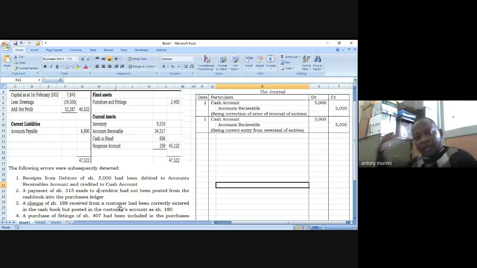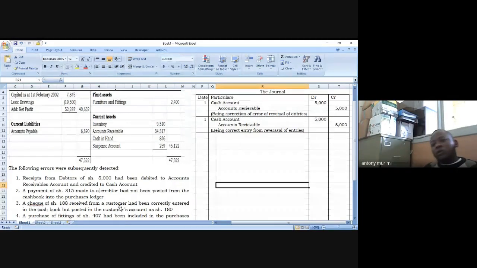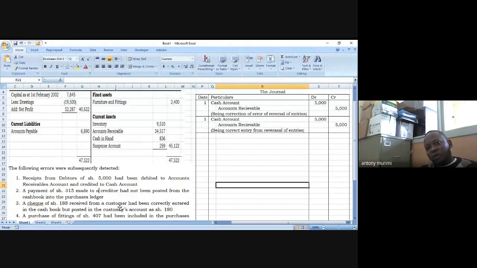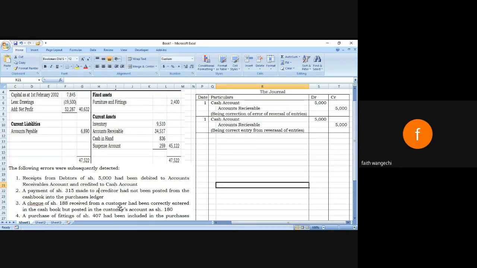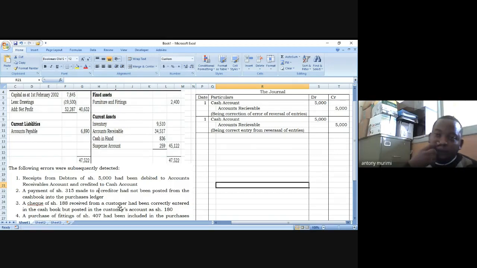Instead of crediting, he debited, which took us back. So you need to revert to the original position before the error was made, and then post the correct amount that should have been posted. So in my case here, I've done it in 2 steps instead of adding the double amount. Okay.